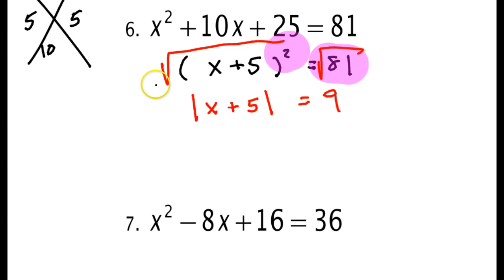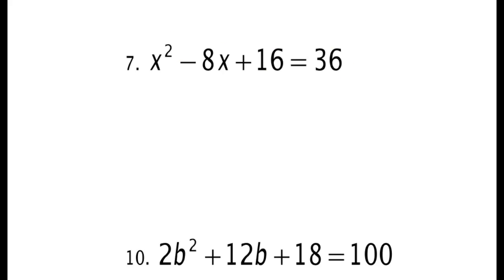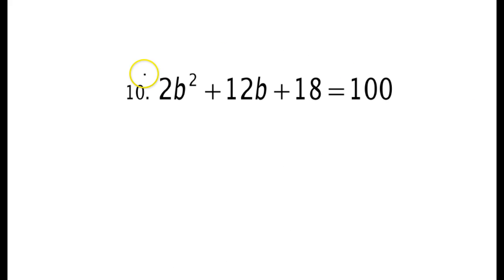Okay. And then number 10 is a little bit more challenging because there's a common factor, GCF, that you have to take out. So, number 10, start off by taking out that GCF. And then solving it.